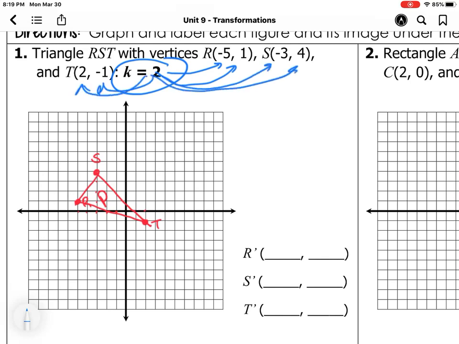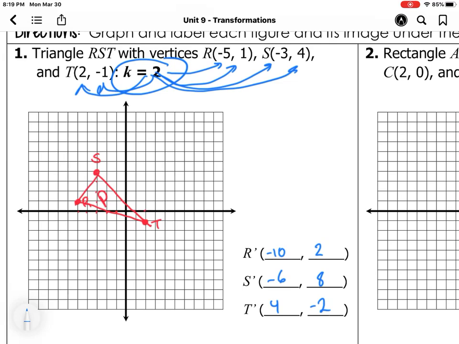Okay, so they all get multiplied by 2. So negative 5 times 2, negative 10. 1 times 2, 2. Negative 3 times 2, negative 6. 4 times 2, 8. 2 times 2, 4. And negative 1 times 2, negative 2.